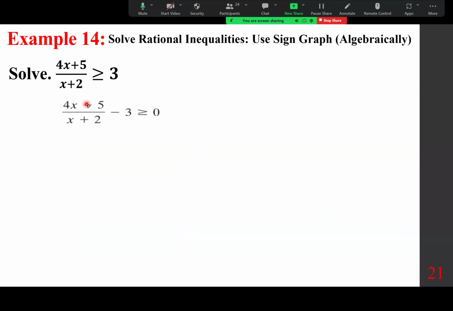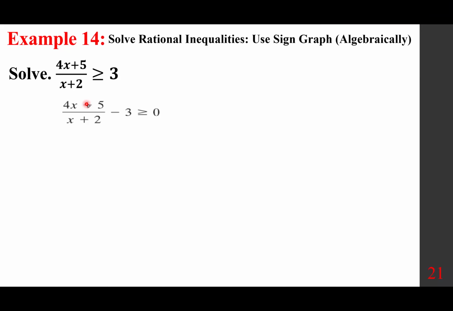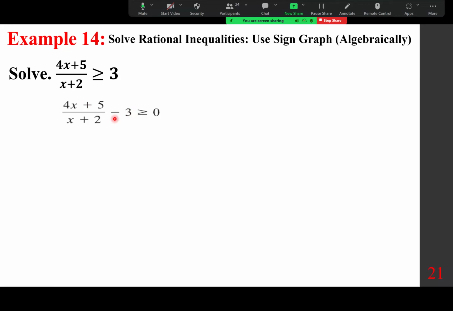Bring everything to the same side and combine them into one fraction. So that means this is (−3x − 6)/(x + 2). Please understand, this means this is −3 times (x + 2), that is, −3x − 6 over x + 2. That's the meaning of it. Okay.